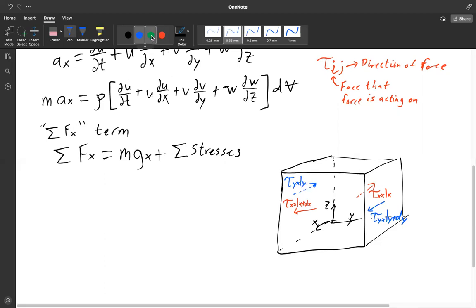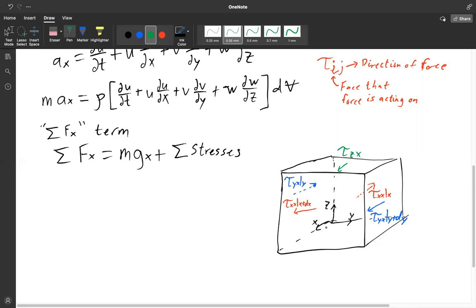And lastly, we'll make the z direction green. Tau zx, still all the forces are going in the x direction.